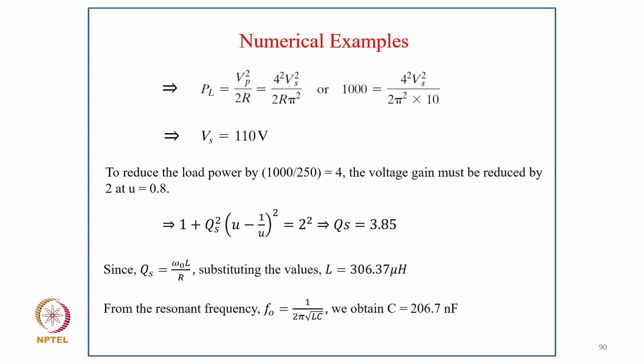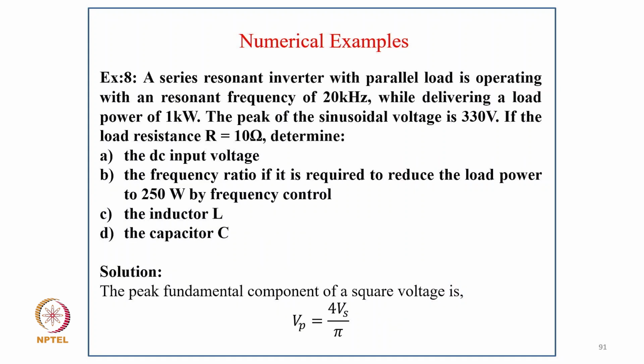So putting a value, we get Qs equal to 3.85, and Qs equal to omega L upon R, so L becomes 306.37 microhenry, and for resonant frequency f equal to 1 upon 2 pi under root LC, we obtain C equal to 206.7 nanofarad.